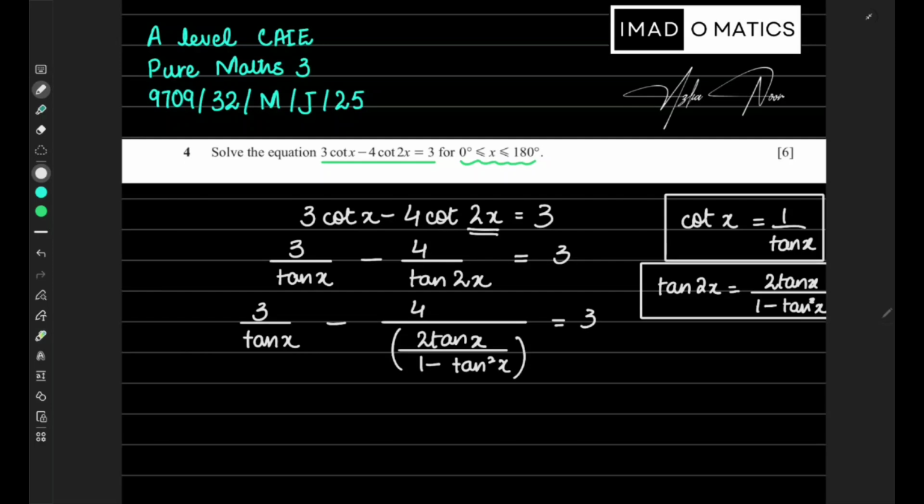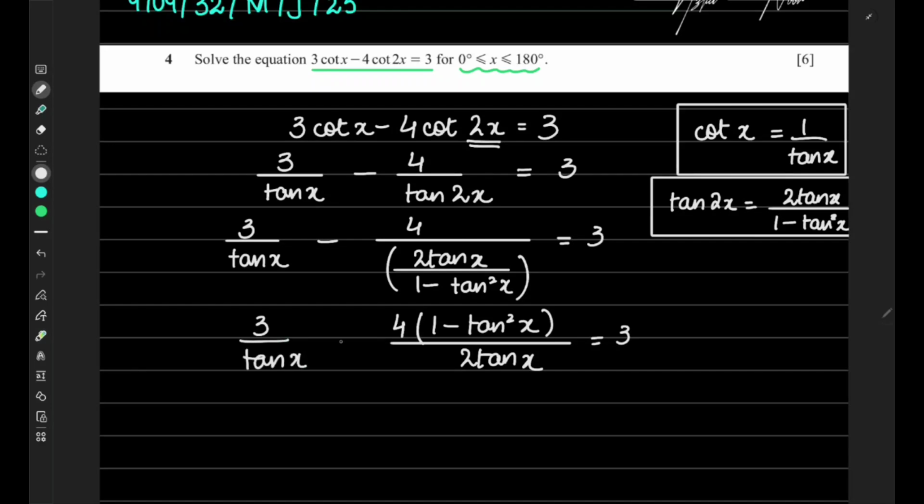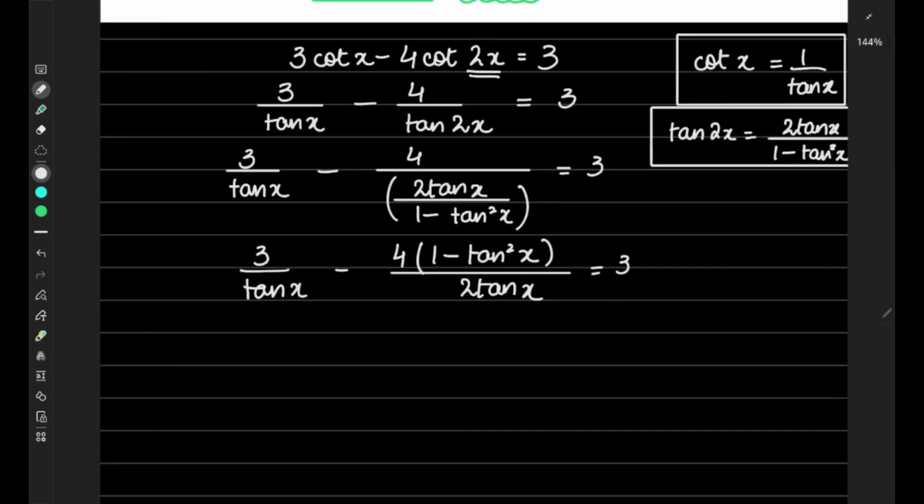Now you just have to simplify this further. If something is divided in the denominator, its reciprocal will be multiplied, so that will make it 4 times 1 minus tan square x divided by 2 tan x equals 3. Now multiply the whole equation by 2 tan x to remove the fraction part.